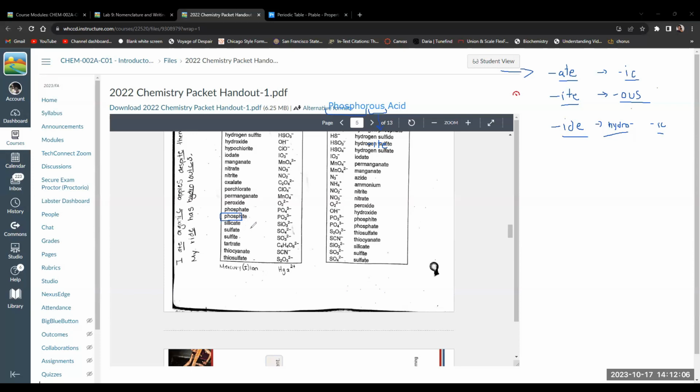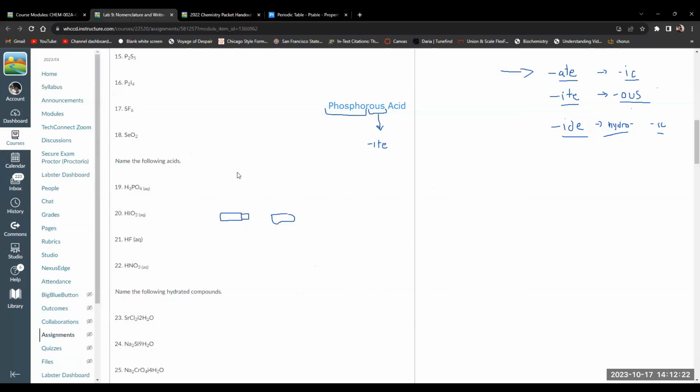And we know it's this one because, again, the ITE was replaced with OUS. So we are working with this PO3, -3. Now remember, 3 negative.